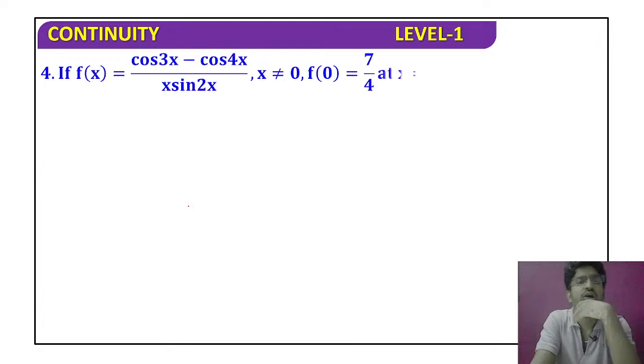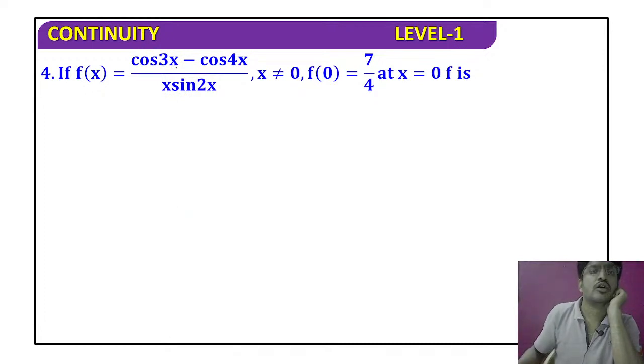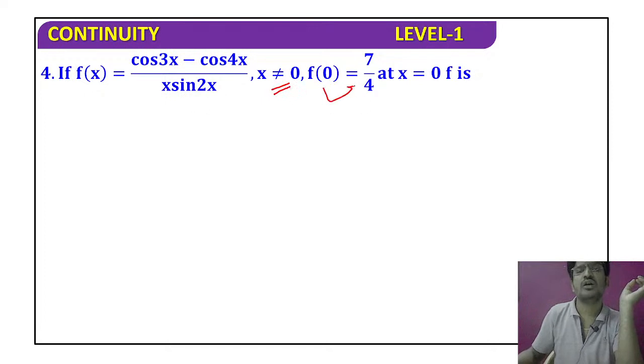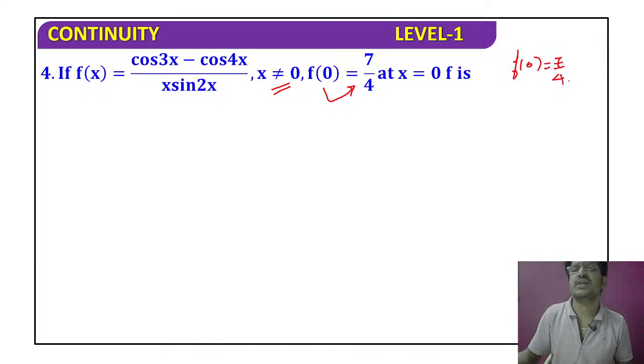Clear? Okay. So the next problem is f of x is equal to (cos 3x minus cos 4x) divided by (x into sin 2x), at x not equal to 0, and f of 0 is 7 by 4.